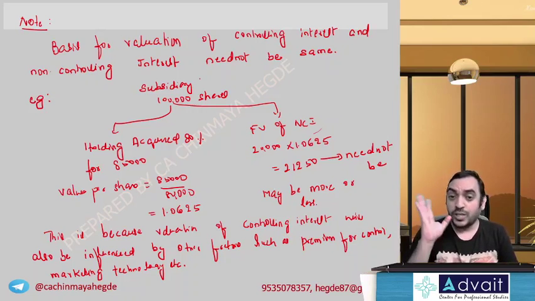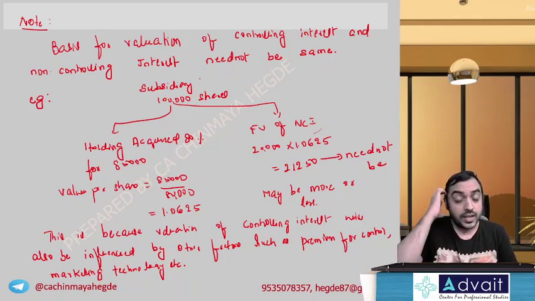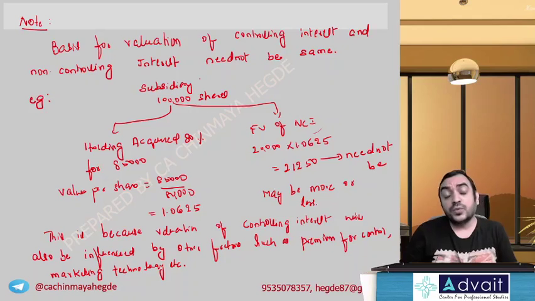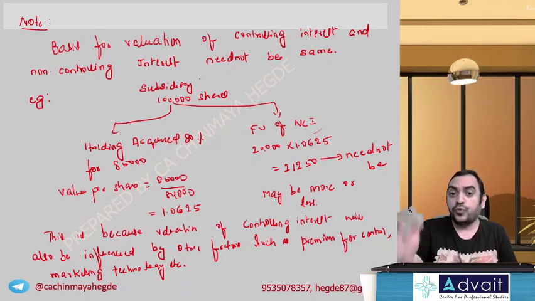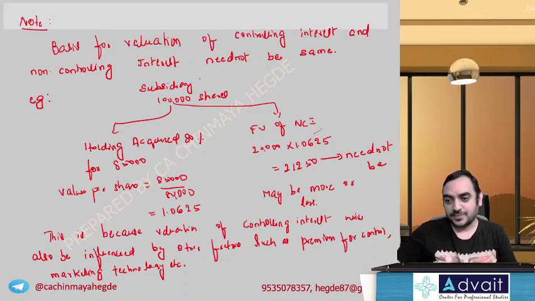AS 21 has only the proportionate method. Ind AS accepts both. But in the examination, look for information. And when they give you the fair value of NCI, you can never do the proportionate method. Don't say Ind AS 103 gives me the option, because ICAI will not give you the option. So if fair value is given, value NCI on a fair value basis. If fair value is not given, then do it on a proportionate basis.